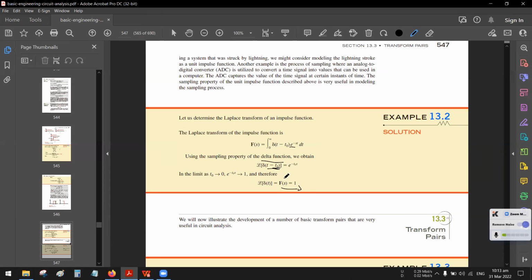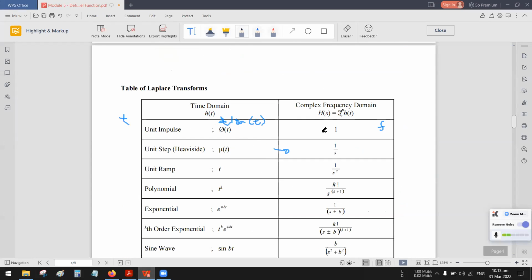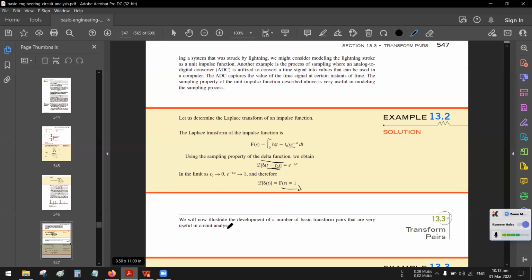How about the unit ramp? Okay, so here, ito. Yung unit ramp naman, so ito na yung equivalent niya. So paano ba ito nakuha? So we have here examples naman.